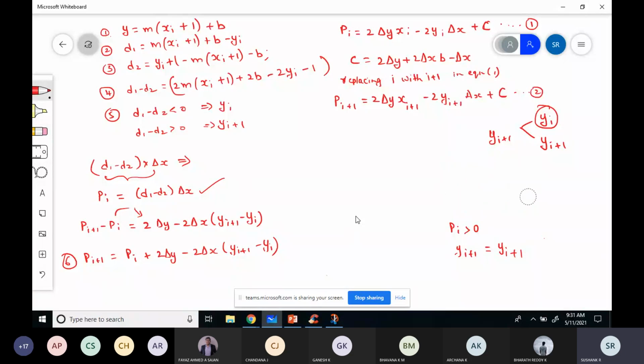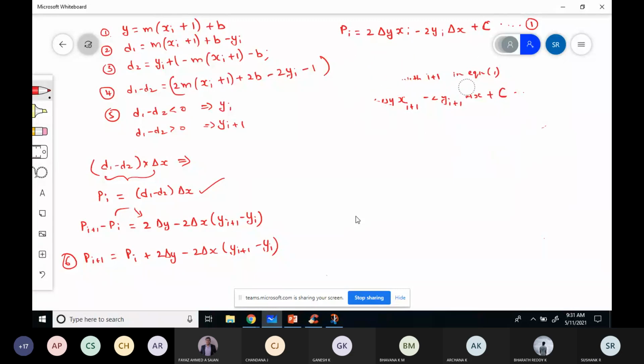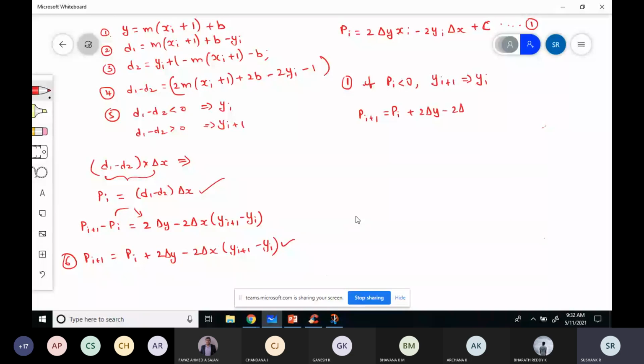If p i is less than 0, y of i plus 1 will become y i. So in equation 6, what will it become? p of i plus 1 is equal to p i plus 2 times delta y minus 2 times delta x, and y of i plus 1 I'm replacing with y i. So y i minus y i is 0.